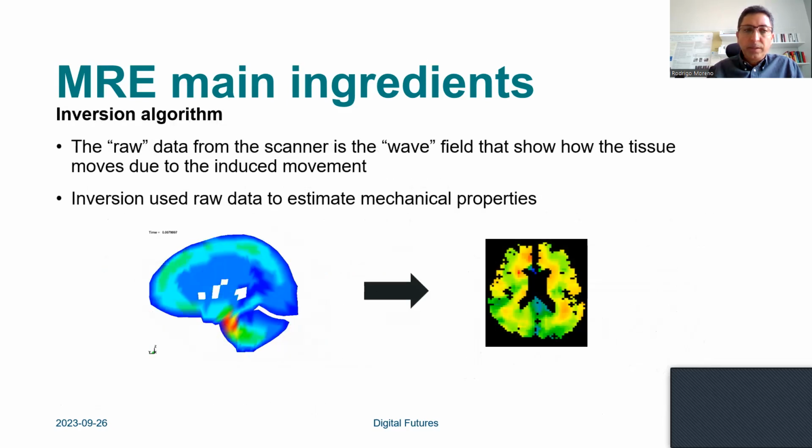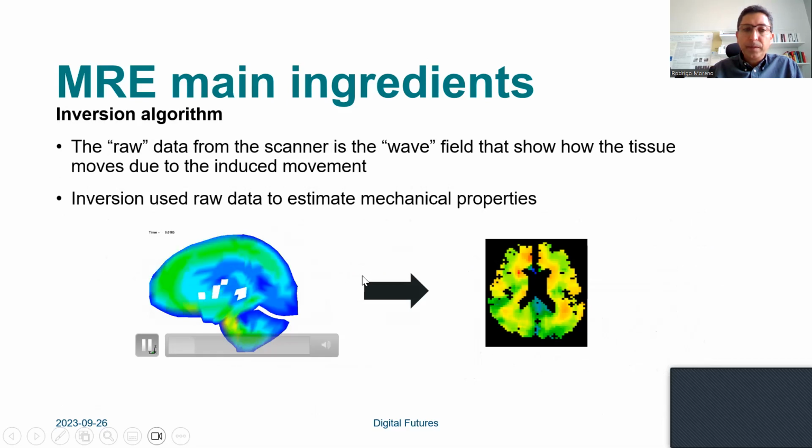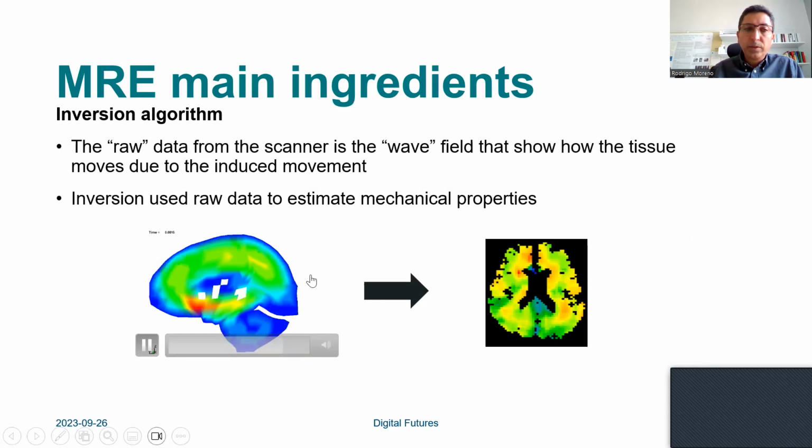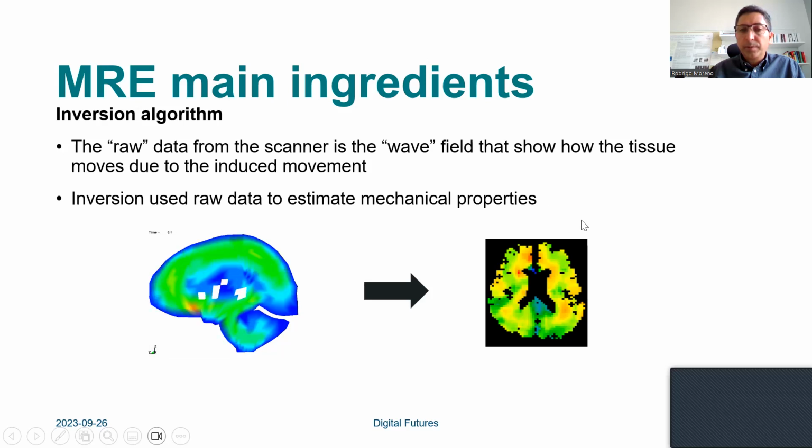And this is how it works. So this is what you acquire. And then after post-processing, this method is called inversion. So we take these wave images, the raw data that you acquire with the scanner, and then you estimate the mechanical properties of the brain.